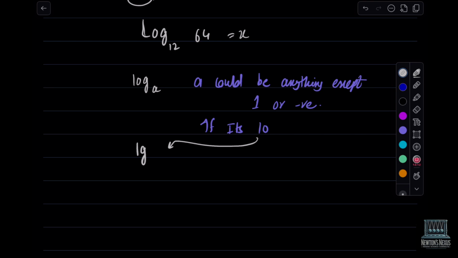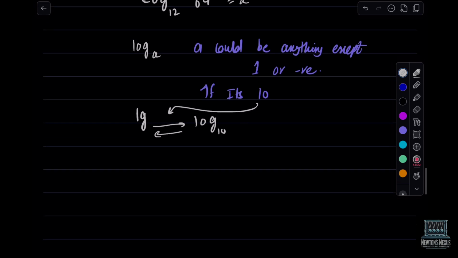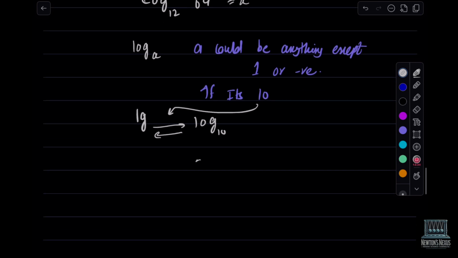LG basically means log with the base of 10. If I write it as a short form, LG, it basically means log with the base of 10. It's nothing new. It's just LG, which implies that we are using a log with a base of 10.